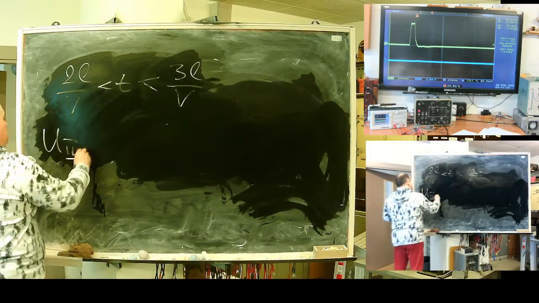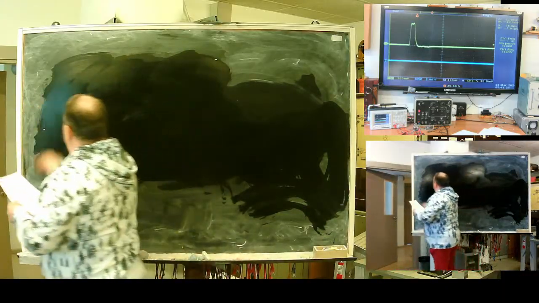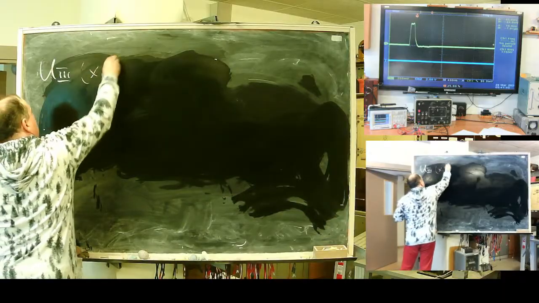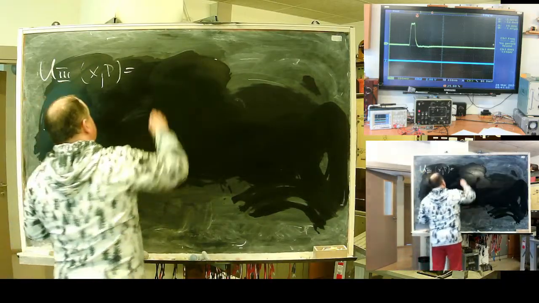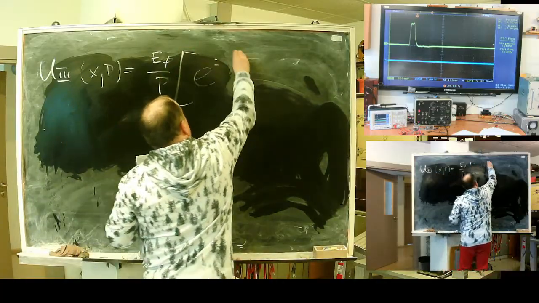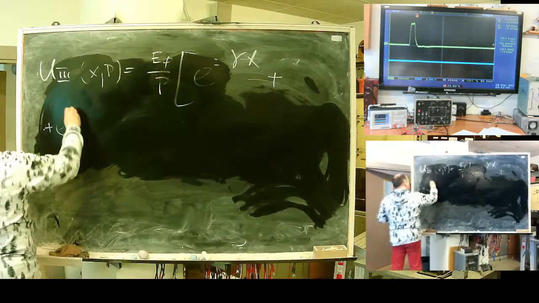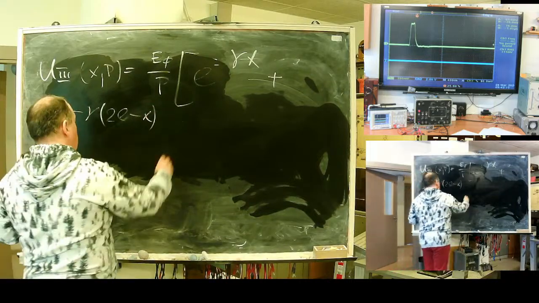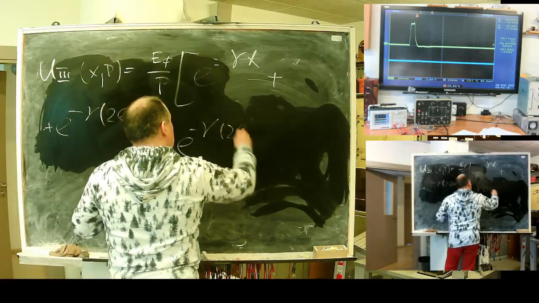Here our voltage will be E0 divided by complex frequency at power minus gamma x plus A power minus gamma double A minus x minus A power minus gamma double A plus x.